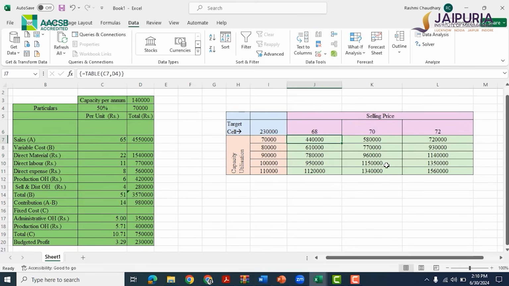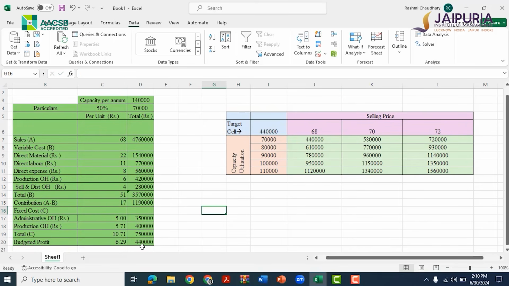So suppose if you select on this, if you are able to sell 70,000 units and the selling price is 68 rupees, the profitability which you will get is 4,40,000 rupees. So you can check, suppose in this table only I make it 68 rupees and 70,000 units being sold.